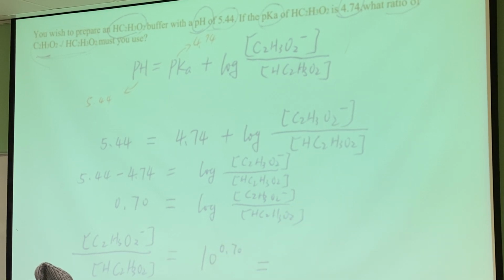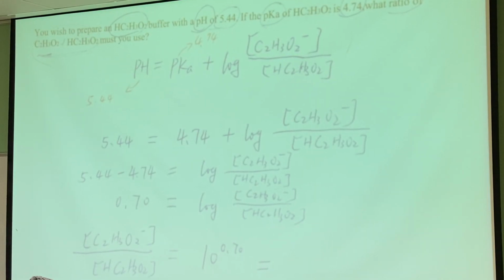Good. So now you can use your calculator to get it. 5.01, right? So be careful. If you get a question in your test that asks you the ratio, and you get 7.9, 2.5, 2.8, it's totally fine.